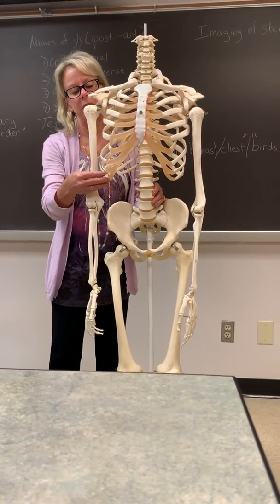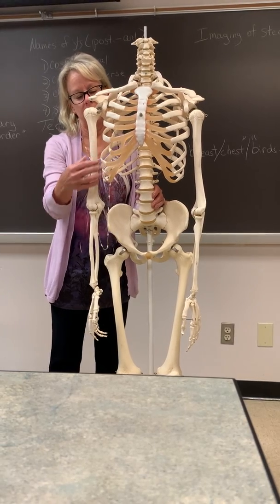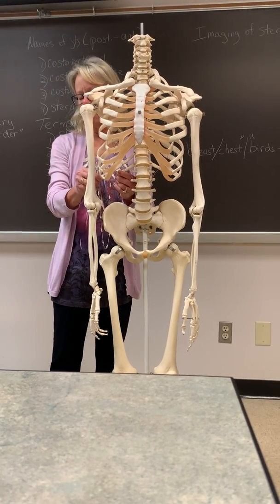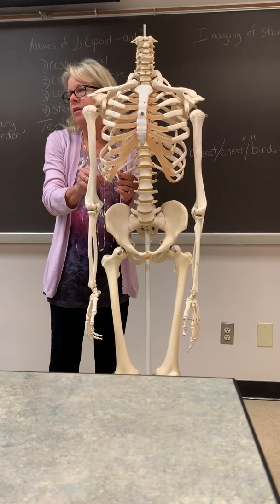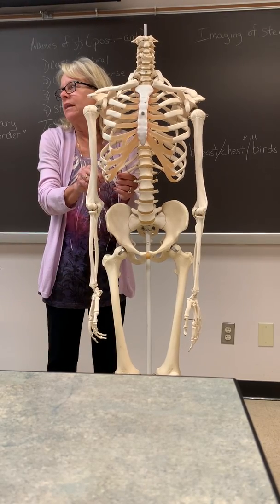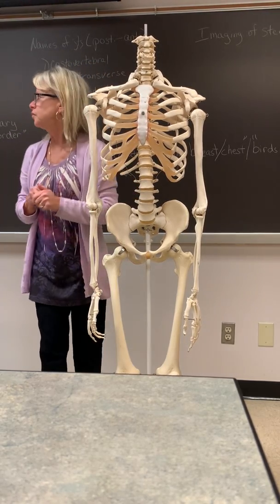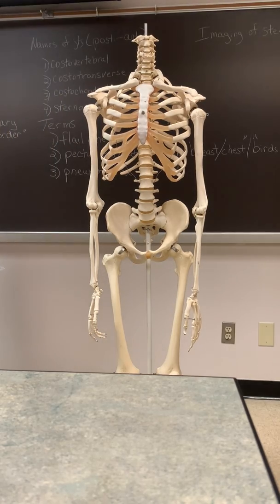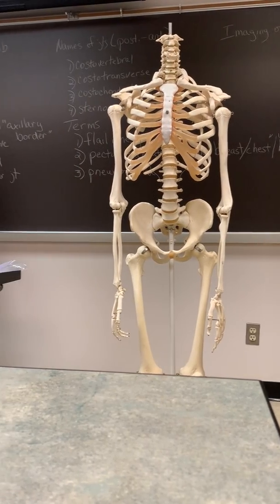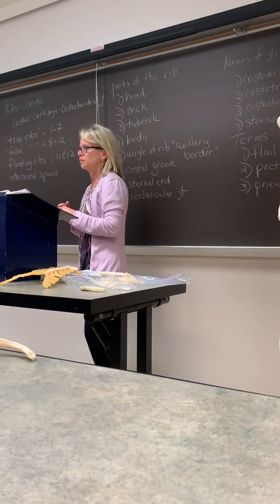So they just kind of come up here and join 7 here. And the last two costocartilage, they just float. They don't attach to anything directly. So the false ones are 8 to 12? Correct. But the 11 and 12 are floating.